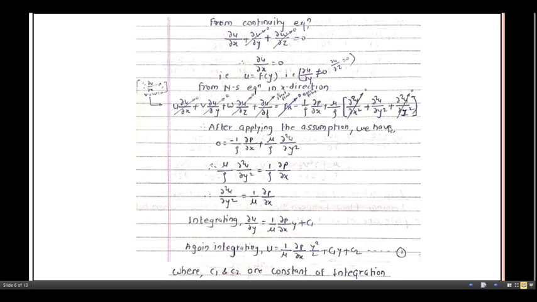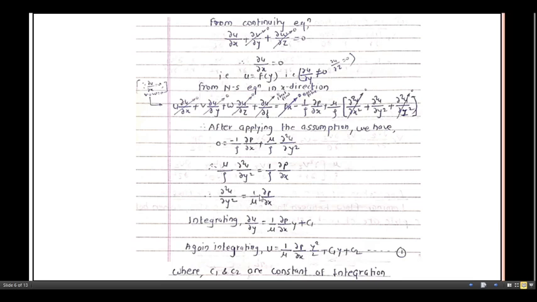Okay, so after applying the assumptions, we have this relation: this term becomes 0, this one 0, and the remaining terms are minus 1 upon rho ∂p/∂x plus mu by rho into ∂²u/∂y². Now if I take this term to one side and the other term to the other side, we get mu by rho into ∂²u/∂y² equals 1 upon rho into ∂p/∂x. Keeping ∂²u/∂y² on the left side, it equals this term.